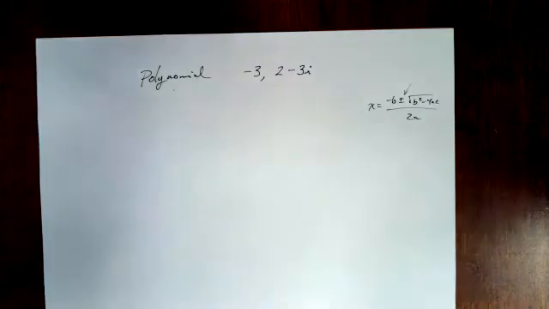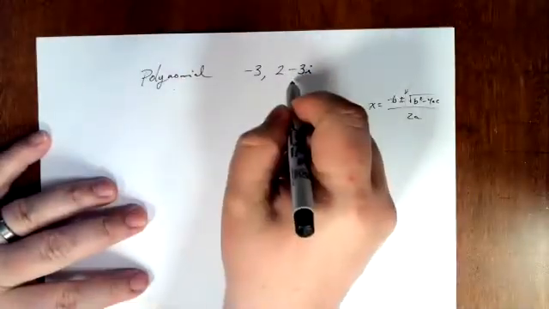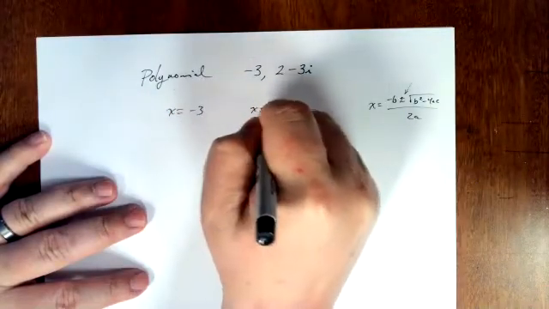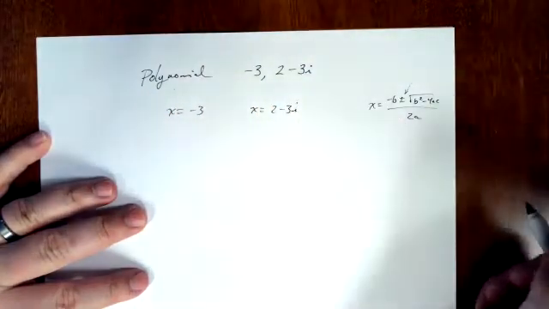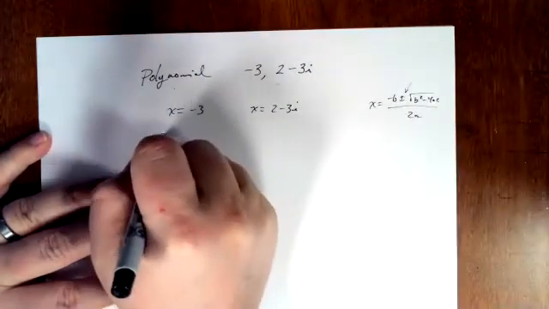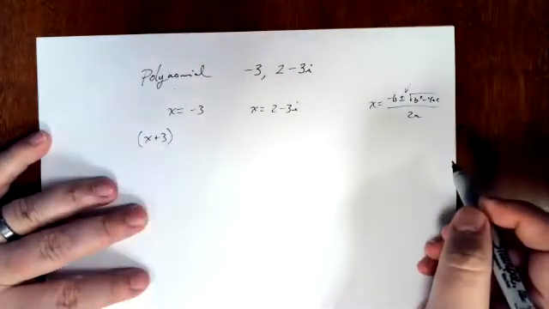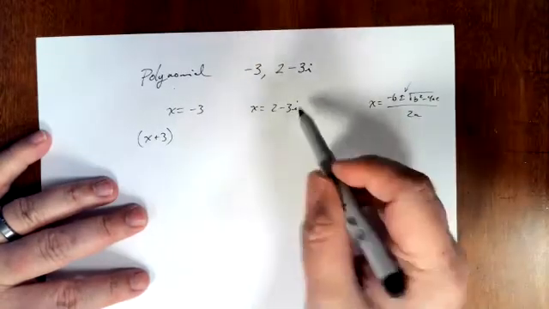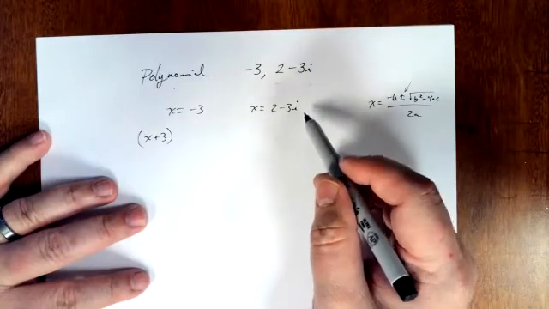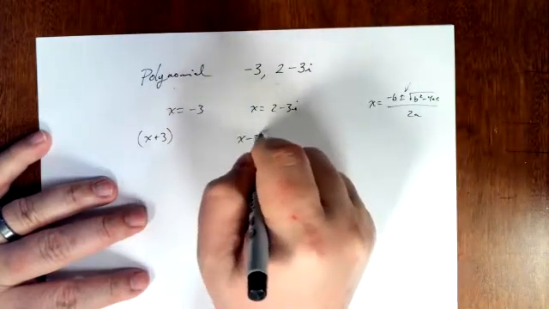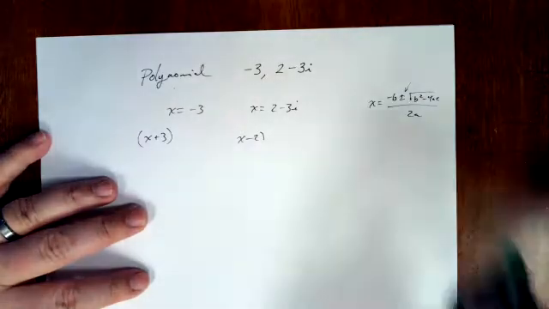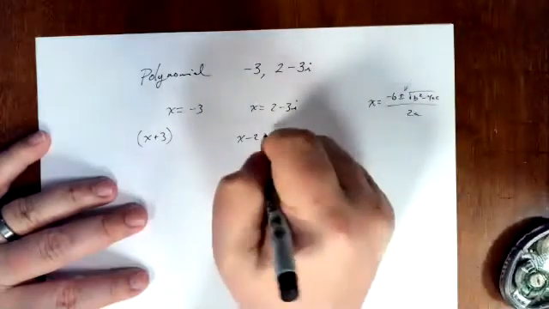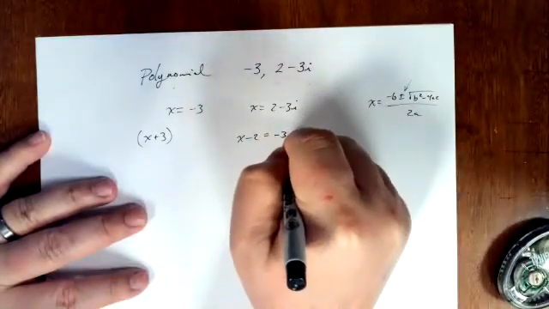All right. So anyway, let's just keep going with it. So if these are my two roots that I know of, x is equal to -3 and x is equal to 2 minus 3i. So now I know that x plus 3 is one of my factors. And now you want to turn this into a factor, but it can't be a factor that contains an i. So I do x minus 2 is equal to -3i.